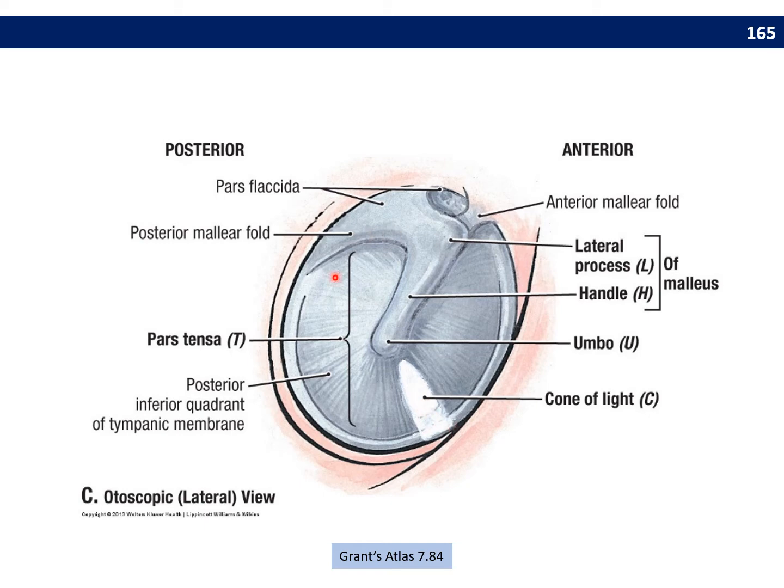That is characteristic of the reflection of the light as you're looking into the external ear.